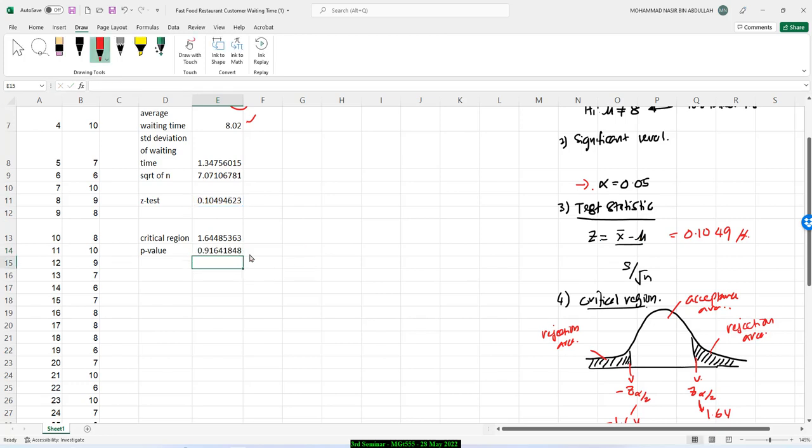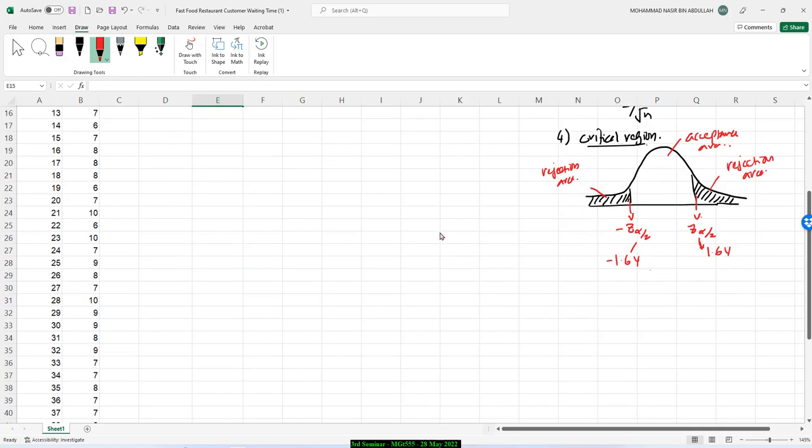So dia akan dapat 0.05. 0.91, right? Okay, I will explain later, okay? So now, setakat tu saja yang kita nak, right? So tak sama dengan muka surat 84 sebab 84 dia menggunakan T value, dia salah daripada mula, right?